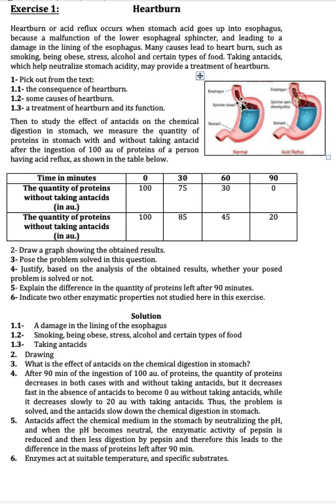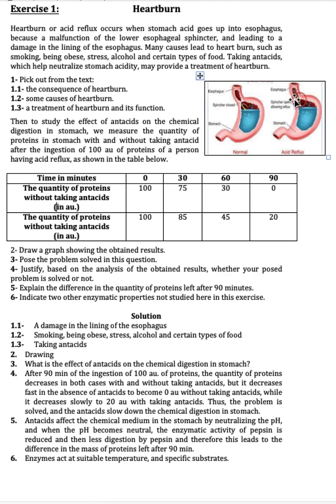So this is a normal person. Look at the sphincter. It works normally, so it can close and prevent any passage of the acid from the stomach into the esophagus. And here we have a normal esophagus, but for a person having acid reflux, we have a sphincter which has a problem here.